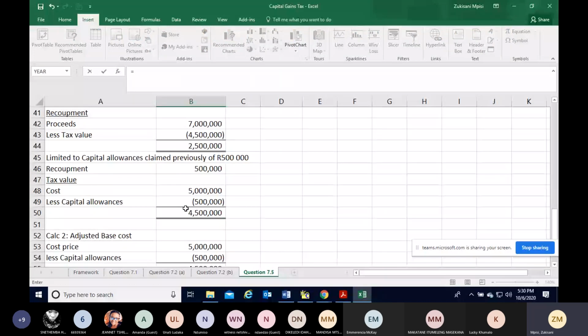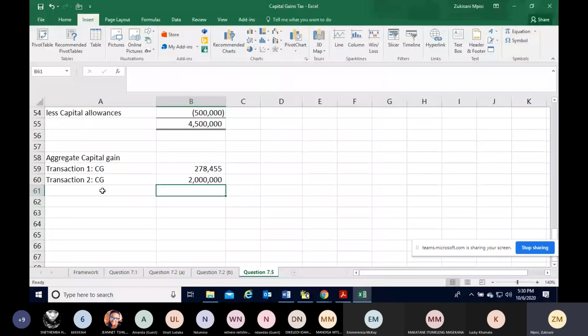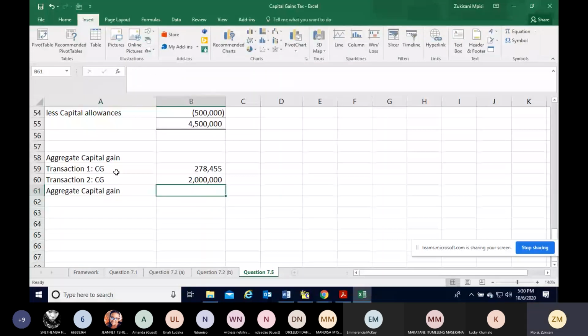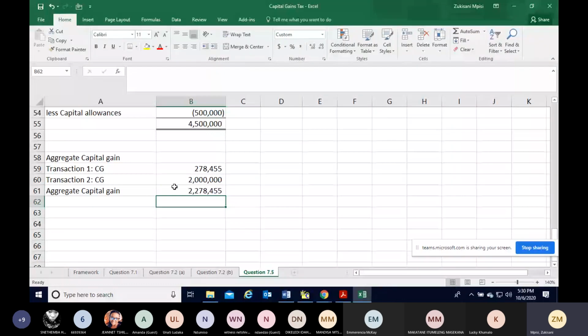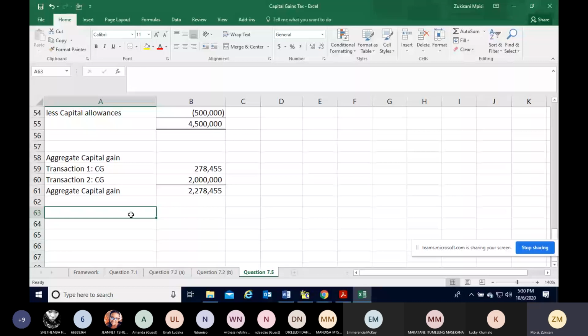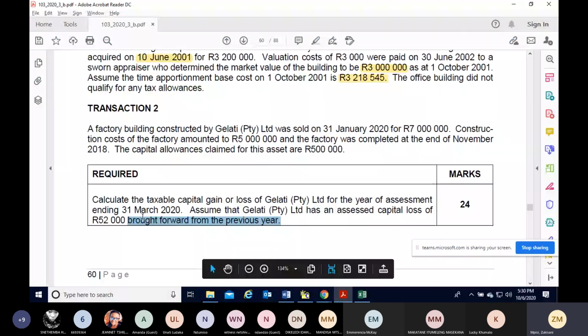For transaction 2, it's 2 million, which means that the aggregate capital gain is therefore 2,275,455.